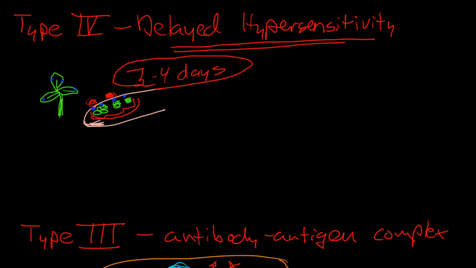Another similar type of reaction that can occur is what's called a photoallergic hypersensitivity, and this is something that I actually get when I take an NSAID. I get a delayed hypersensitivity reaction only if I am exposed to direct sunlight.